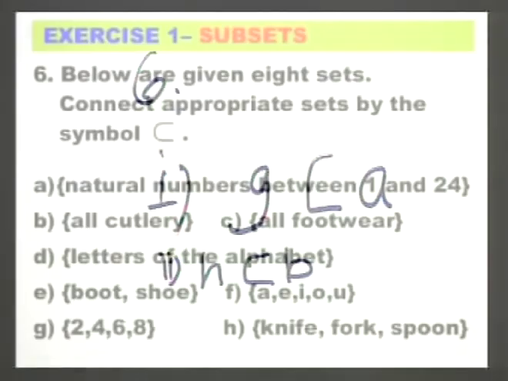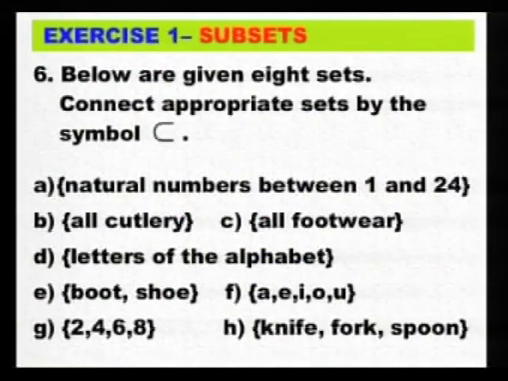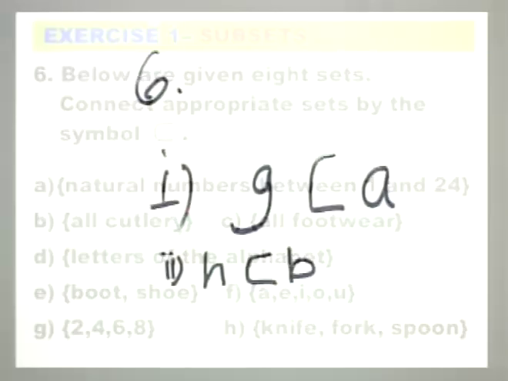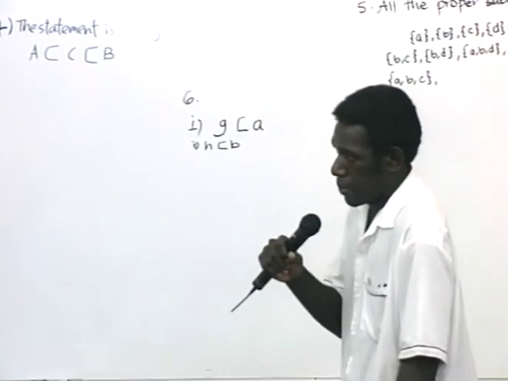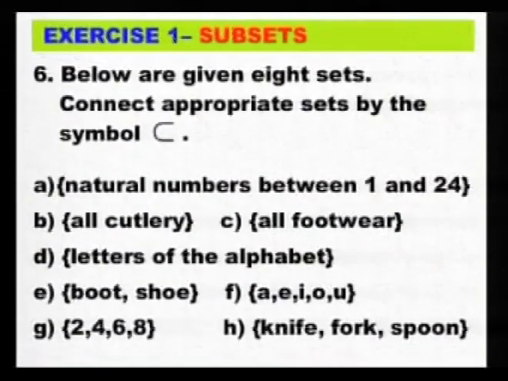Okay, question 6 says, below given 8 sets, connect appropriate sets by a symbol. G is a subset of A because 2, 4, 6, and 8 are natural numbers between 1 and 24.